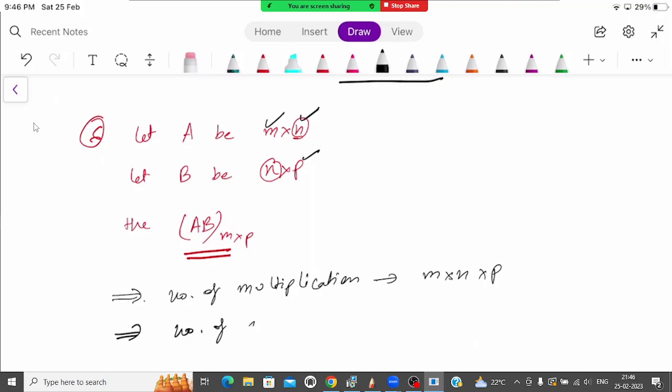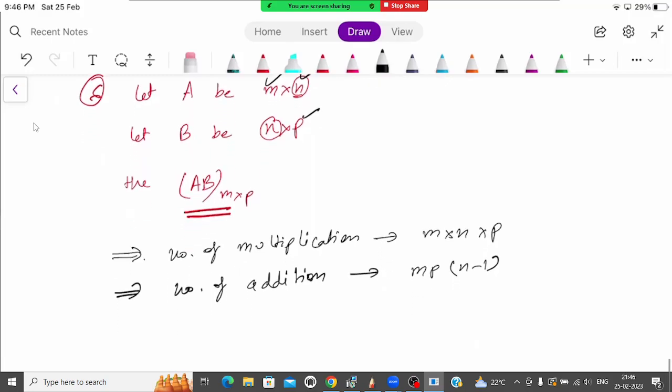The number of additions will be M into P into N minus 1. So this will give you the number of additions.